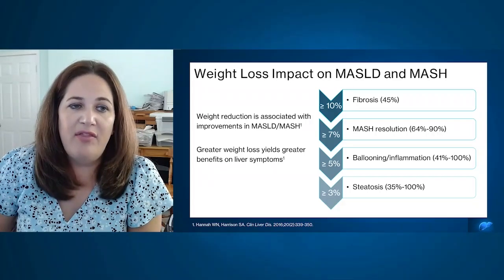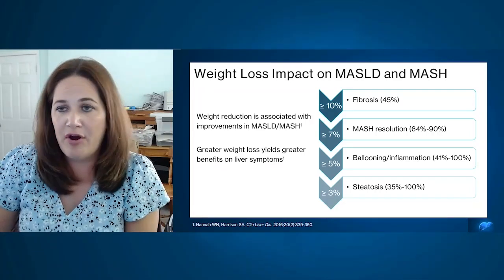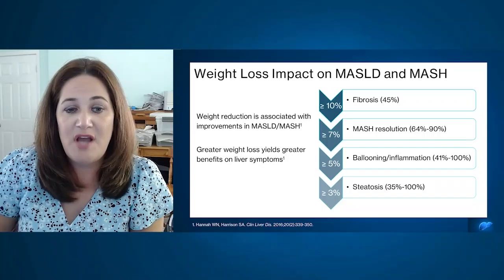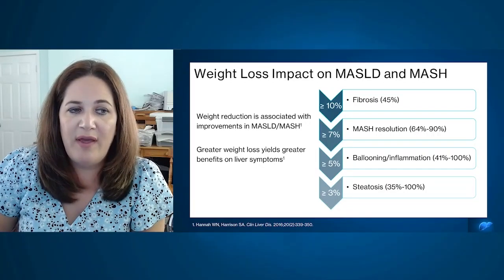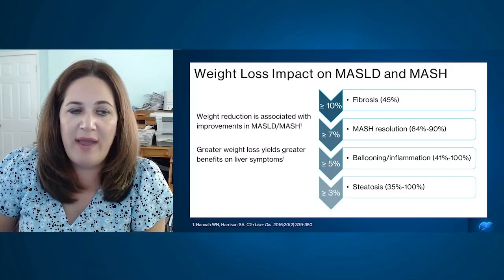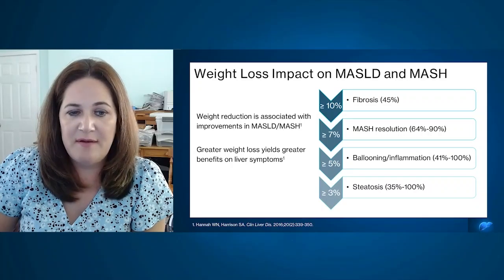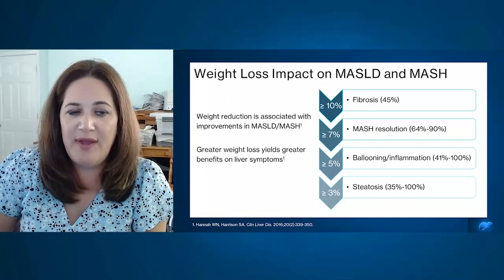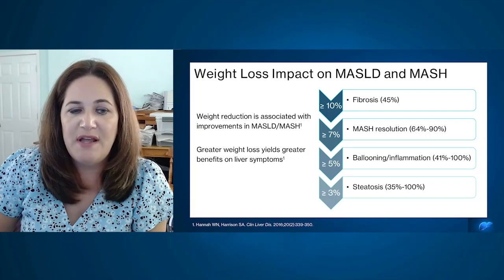Again, looking at the weight loss impact on MASH and MASLD, there have been several articles that have talked about this, that weight reduction is associated with improvements in MASLD and MASH. And the greater the weight loss, the greater the benefit on the liver. So even with just a 3% weight loss, steatosis is improved.